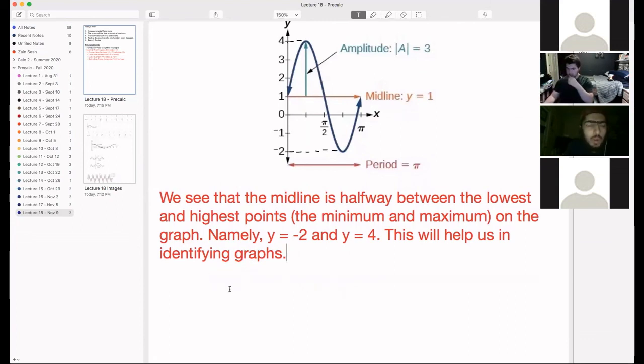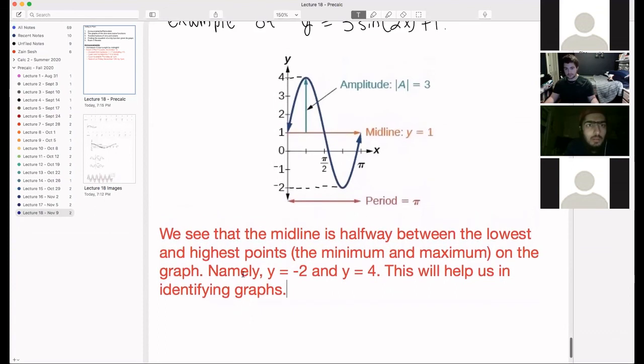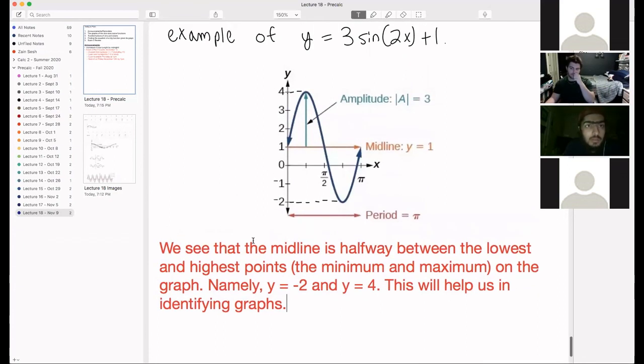And this is just for one period. It will work anywhere on the graph, not just for the one period shown.